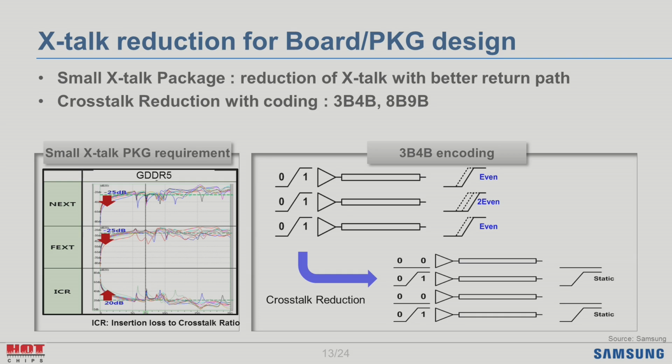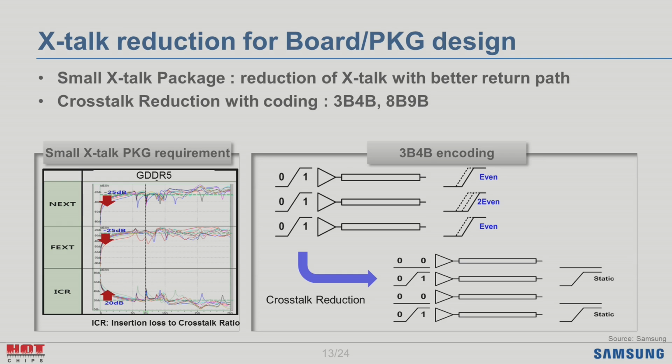In the past, it was common sense that single-ended signaling above 10 Gbps would be very, very difficult. So in order to improve the return path, we use a small-crosstalk package design without an added package layer and without cost overhead. In addition, we also implemented crosstalk cancellation coding, which is the 3B4 coding for the worst data pattern.